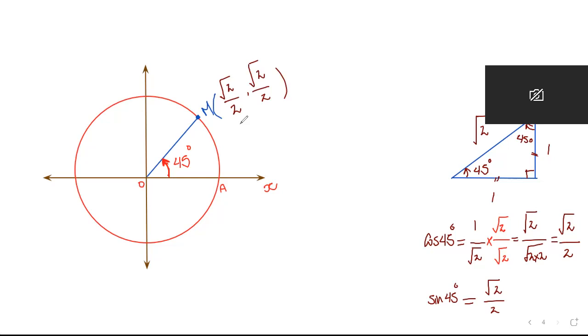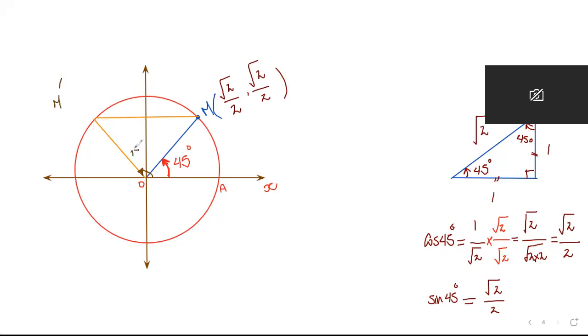Now, what else? We can do the same thing. We can build this symmetrical angle. We said that this point M prime takes the angle how much? 180 minus alpha. Alpha is 45 degrees. 180 minus 45, how much?